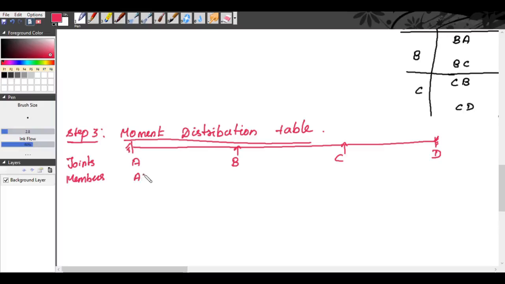At joint A, we have AB, at joint B, we have the members BA and BC. At joint C, we have the members CB and CD. At joint D, we have DC. Now we will write the distribution factors. Before that, we will draw a line here.